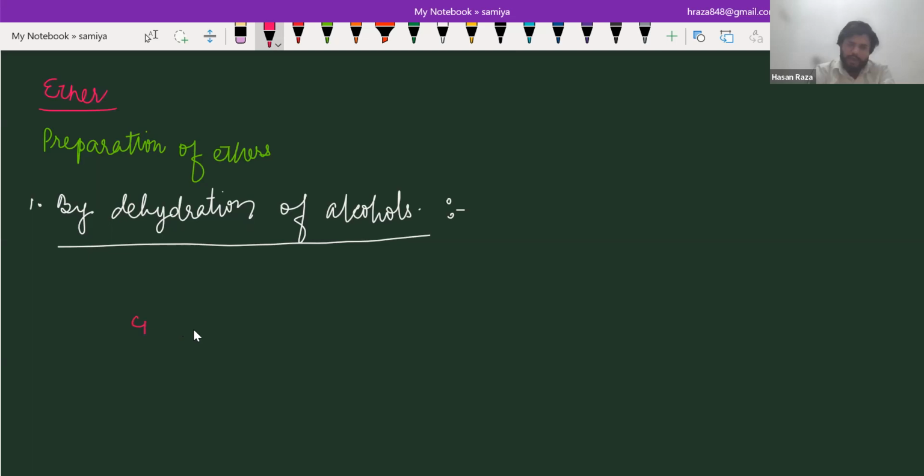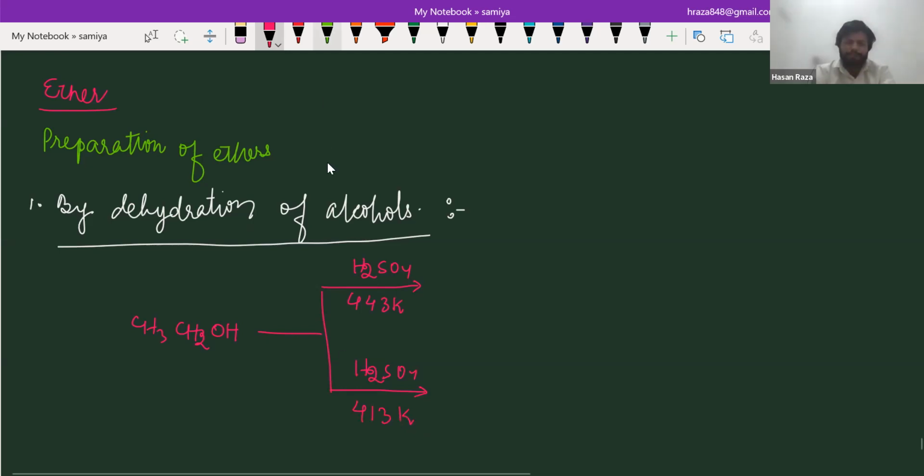Basically, if there is an alcohol, that is ethanol, CH3CH2OH, there are two conditions. Condition 1 is H2SO4 at a temperature of 443 Kelvin. If we react this with the reagent H2SO4 at 413 Kelvin, you can see the difference in temperature is 30 degrees centigrade.